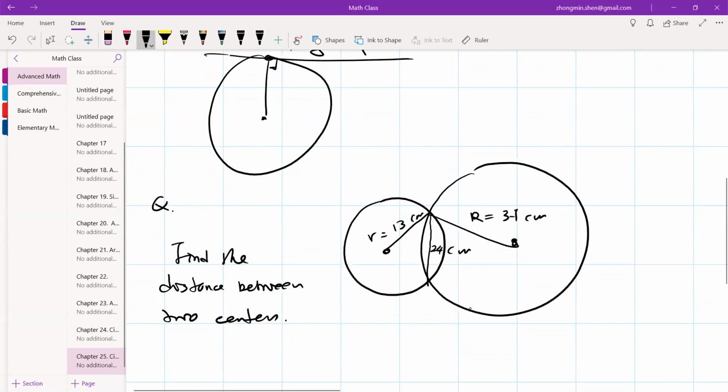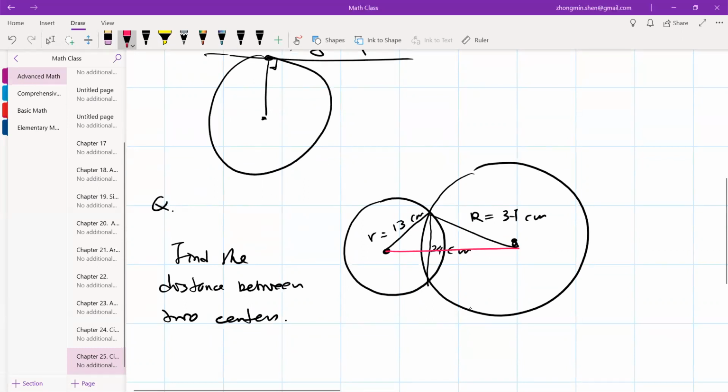To solve this problem, I already drew two radii. Sometimes it's not given, but the picture already helped you draw. To solve problems like that, if you already did some homework, you should be able to get some idea quickly. You draw the lines and connect the important points.